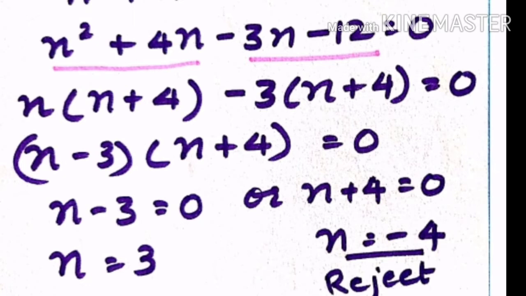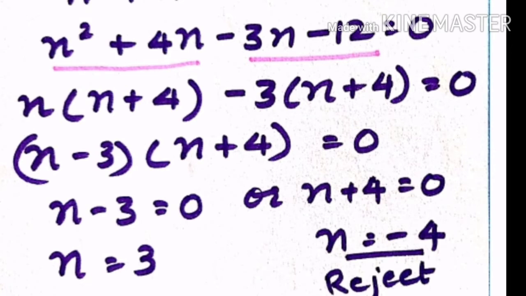See, here we get two roots, but we have to choose only one, as here it is given consecutive positive even integers. So minus 4 is a negative number, it is not a positive number, so we will reject it and I will take my root as n is equal to 3. And then we will substitute in our supposition.